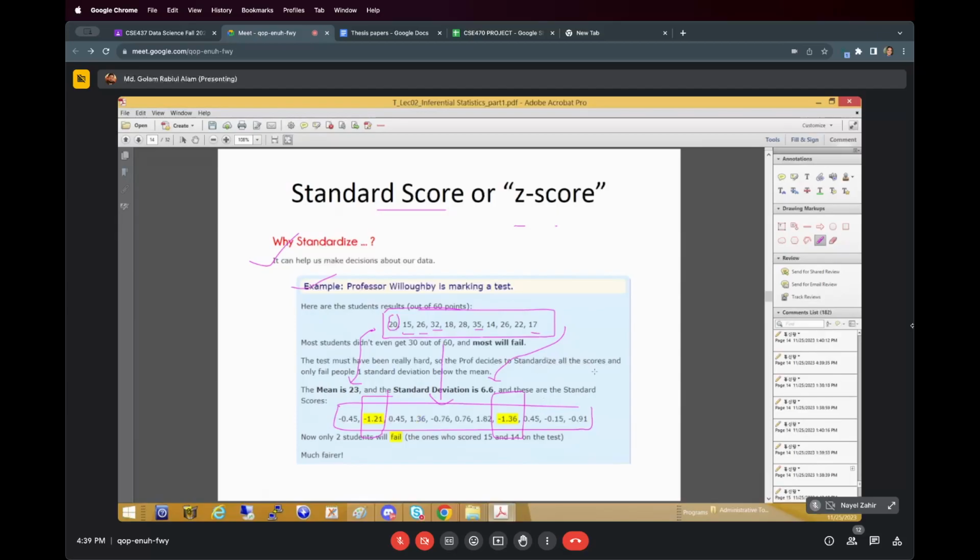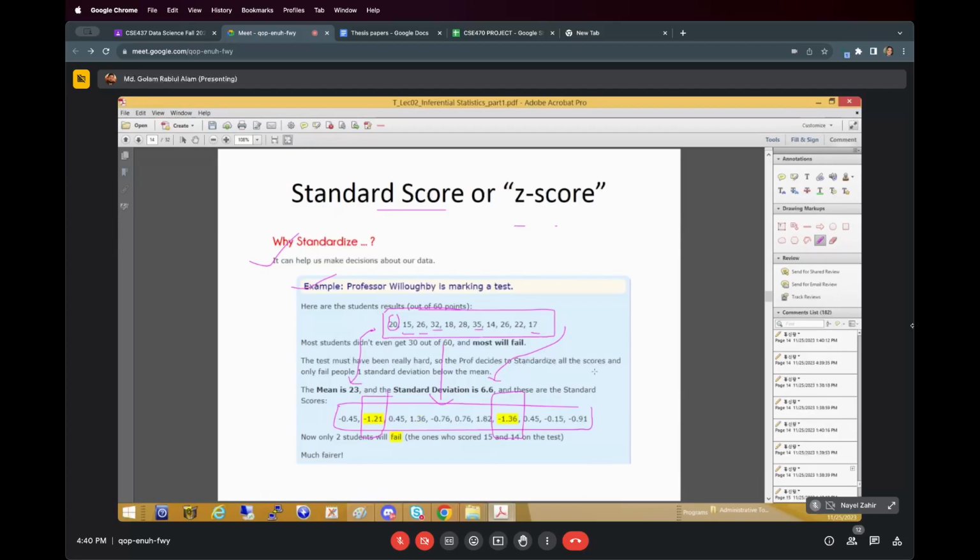Now he can say that a deviation less than minus 1 will be considered as fail only. Others have values that are close, so we can pass them.